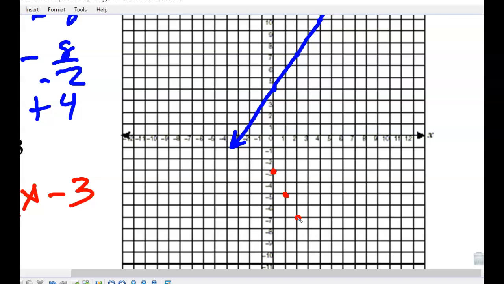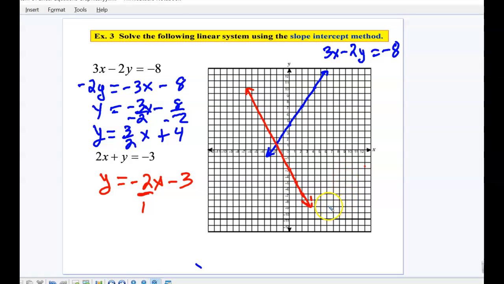So again, if I get out my pen and draw this line, it looks like that. So this is the equation 2x plus y equals negative 3. And again, the intersection point appears to be at the point negative 2 and 1.